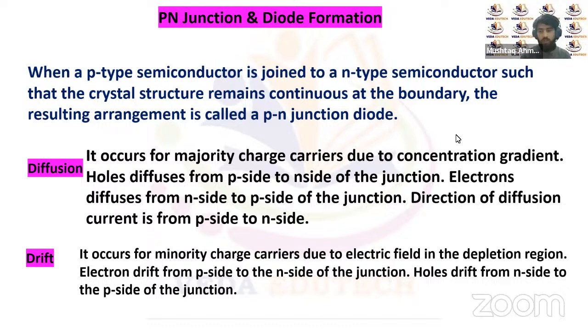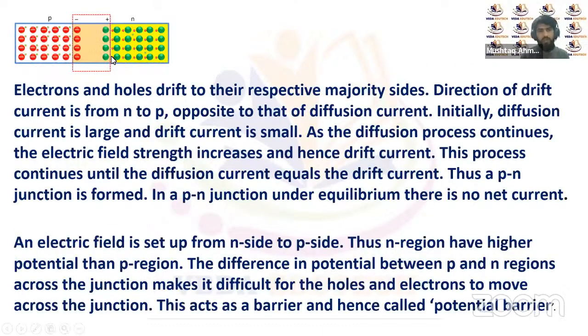Now you can see this is the P-type semiconductor, and this is the N-type semiconductor here, right? Once the majority carriers flow, holes flow from P to this junction point, and electrons flow from this N side to this junction point. This side of the N-type becomes positively charged, and this side becomes hole deficient, right?